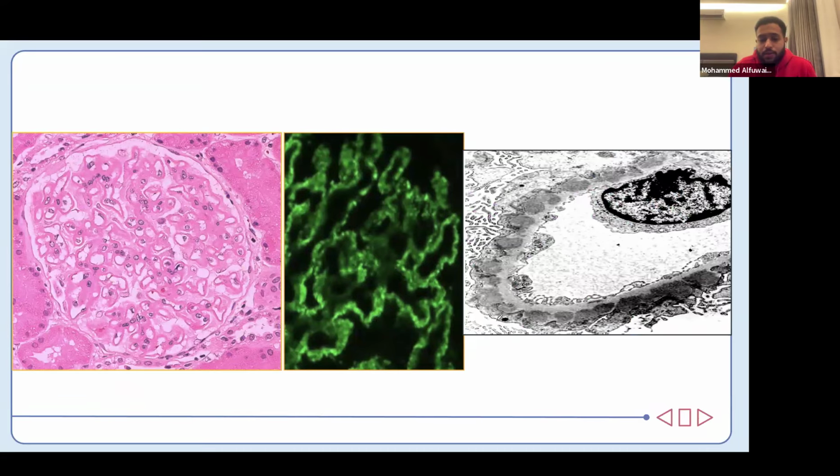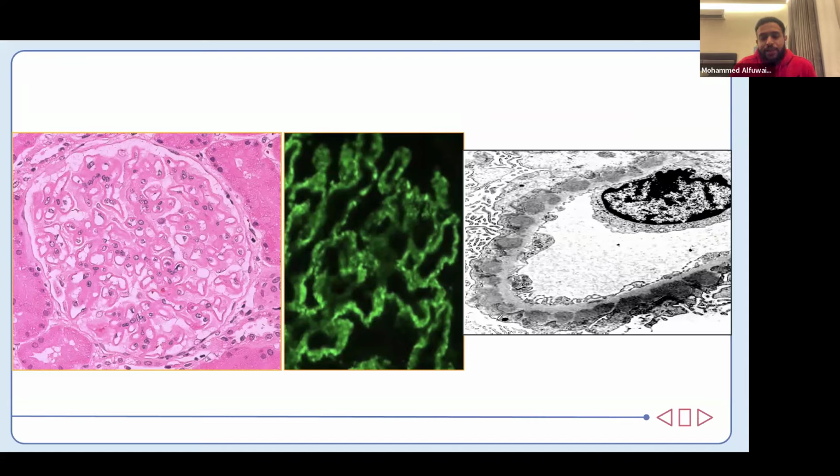Now you have this patient who has proteinuria, edema, in a middle-aged patient. Maybe had HIV, hepatitis, SLE. Membranous nephropathy. Good.